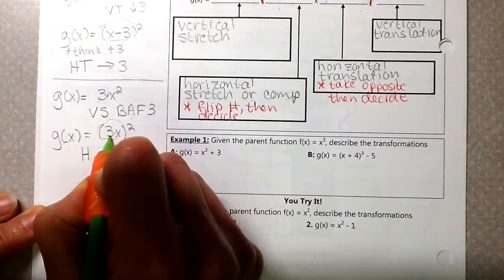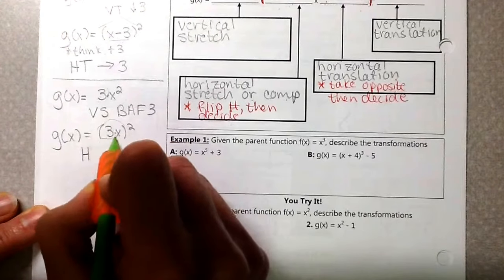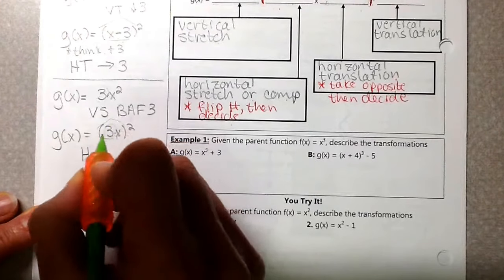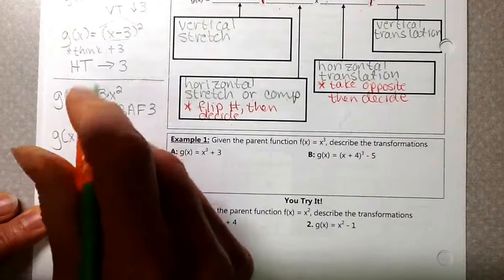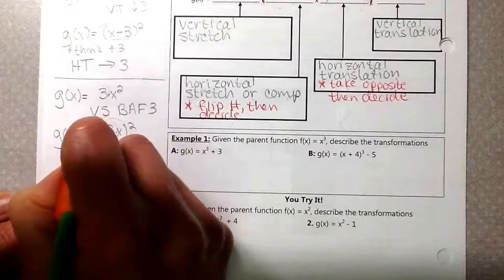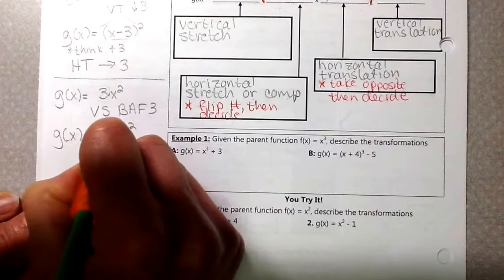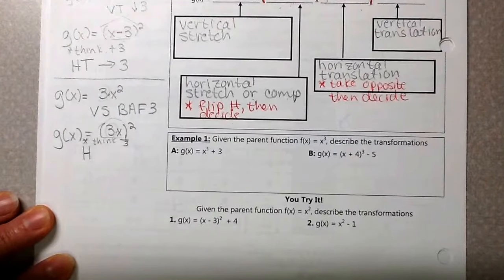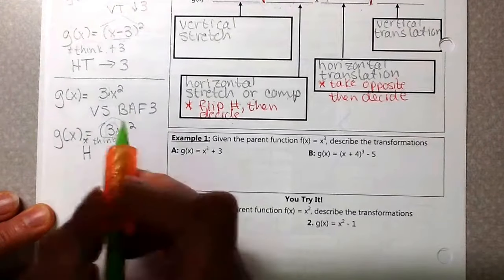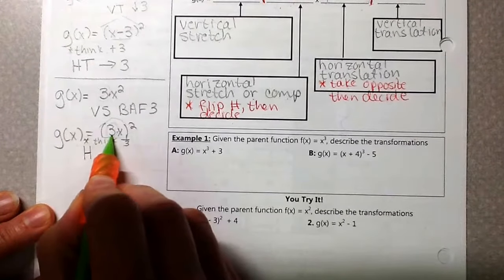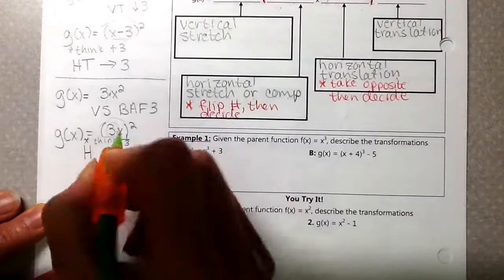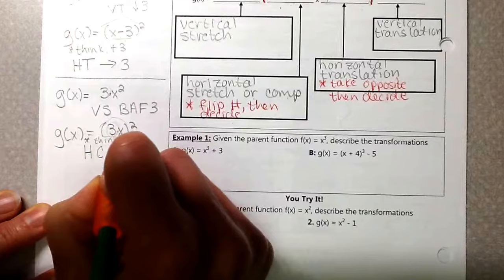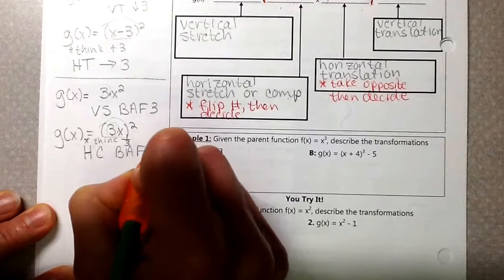Before I make my decision, I'm going to take this number and take the reciprocal of it. So I want to think one-third, and that number is in between 0 and 1, so instead of being a stretch like it looks like it would be, it's going to be a compression, horizontal compression by a factor of 1/3.